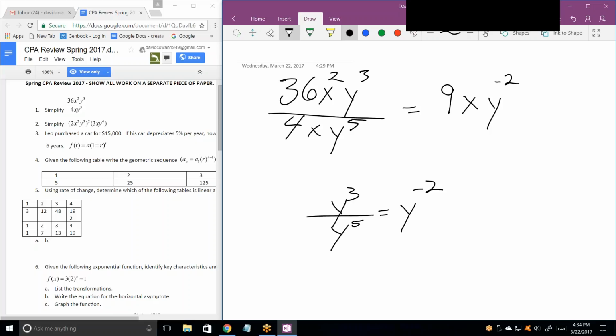However, what they usually want on these things is your answers with all positive exponents. So we need to get that y on the other side of the fraction bar. So my 9 and my x are in the numerator because they have positive exponents. But the y is in the denominator. In other words, whenever you see a negative exponent, put it on the other side of the fraction bar and change the negative to a positive.